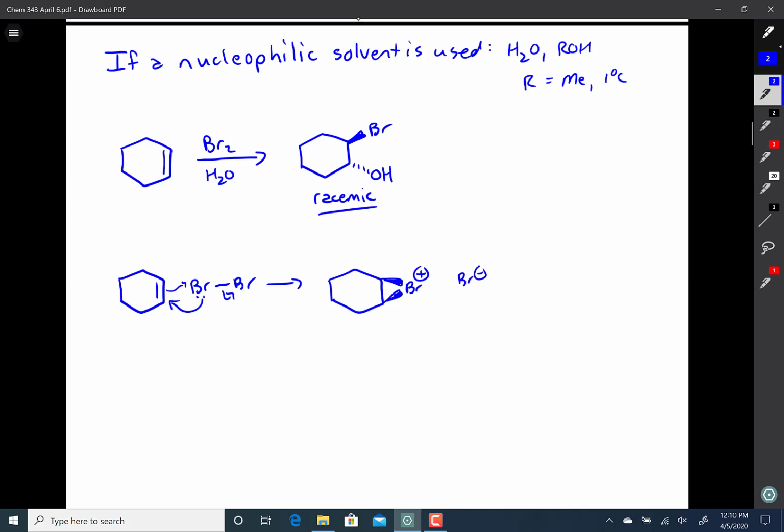Now this is so reactive that before this Br- has a chance to come back and take its place, water, which is a solvent, and there's more solvent than anything else, outcompetes the Br-.